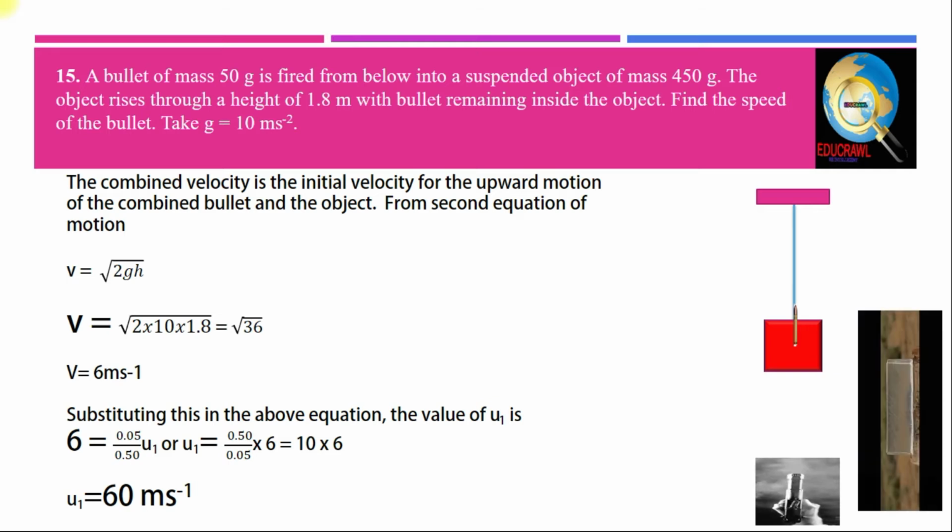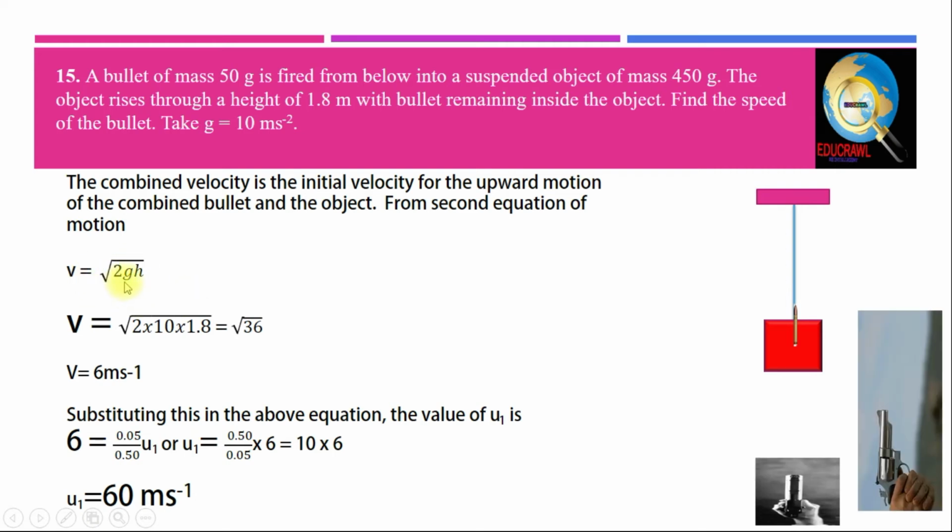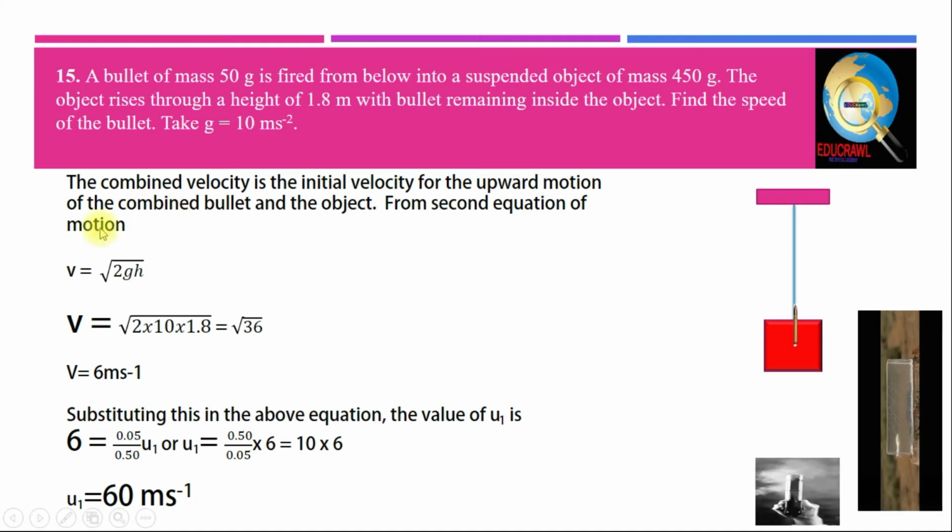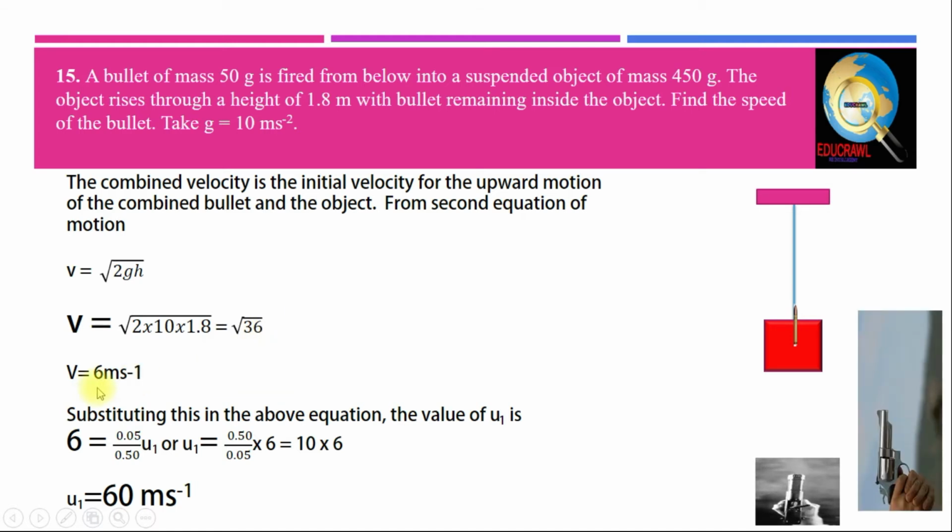Substituting u as 0 and simplifying, we get V is equal to root of 2gh. Substituting the g value and h value, h is given as 1.8 meter since it is rising up. So we get V is equal to square root of 36, that is 6 meter per second.